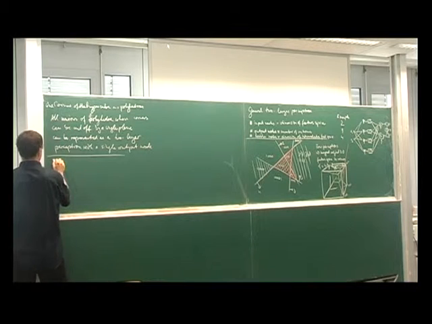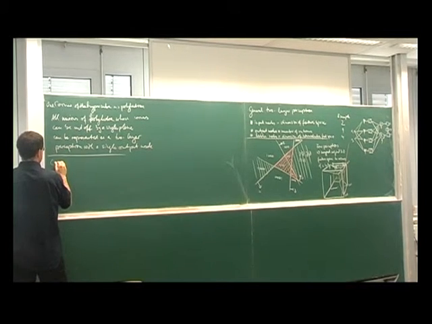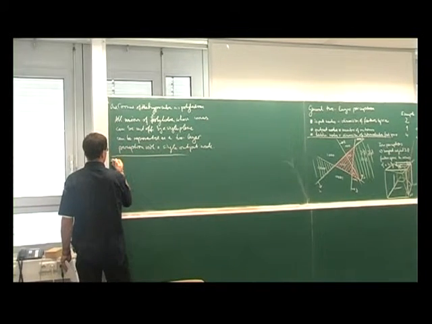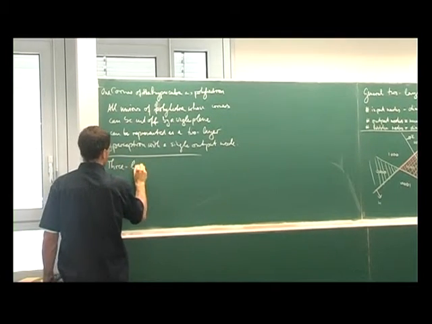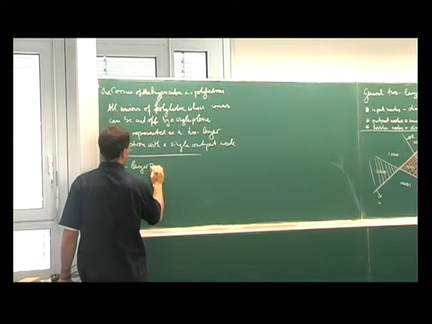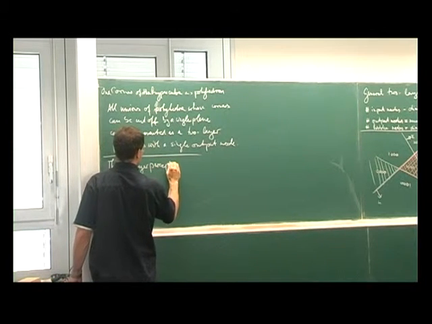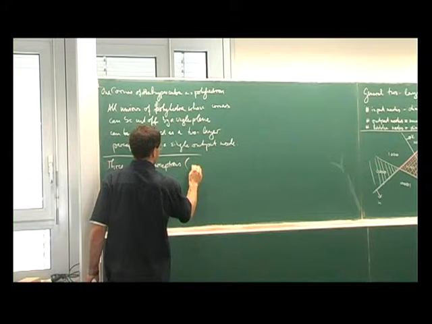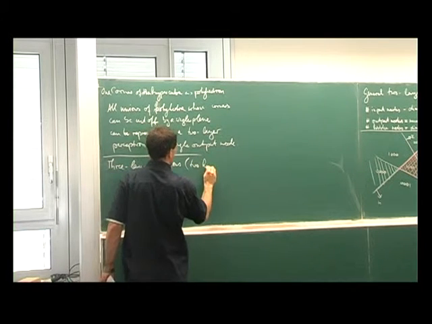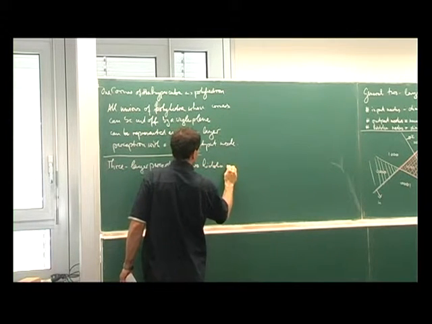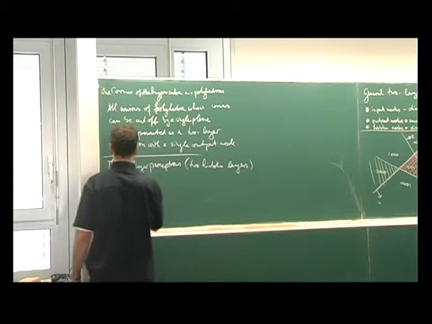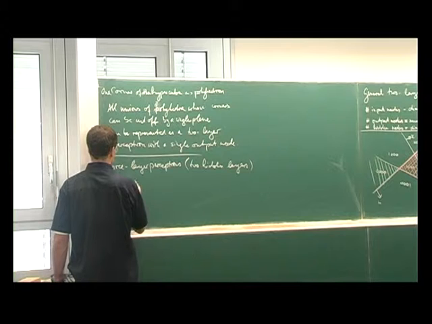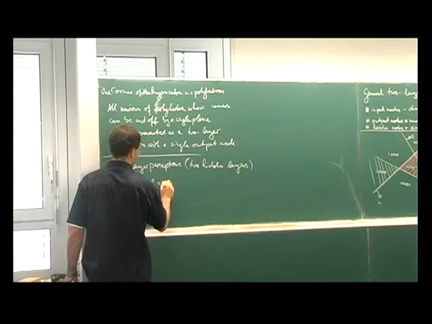Let's have that as a separate point. So 3-layer perceptrons with 2 hidden layers are also universal approximators.